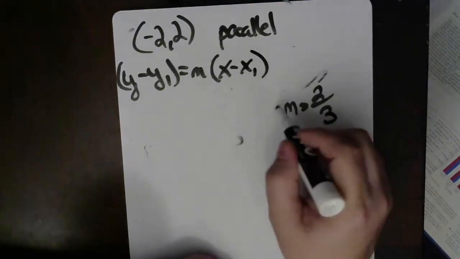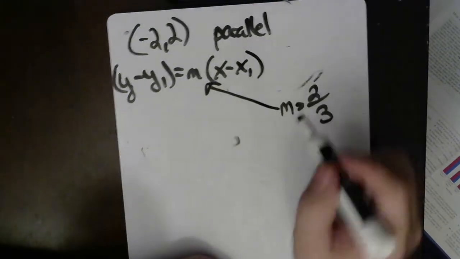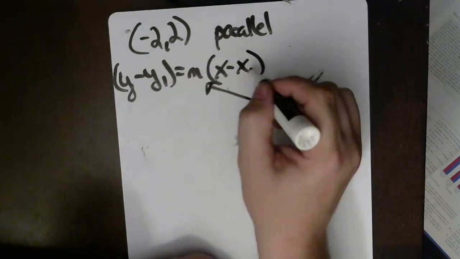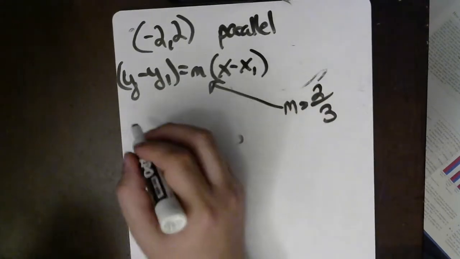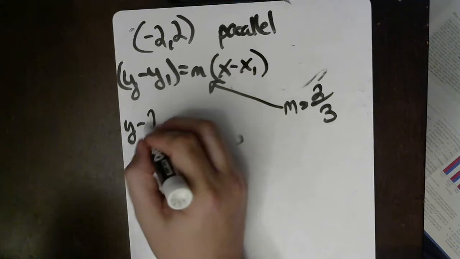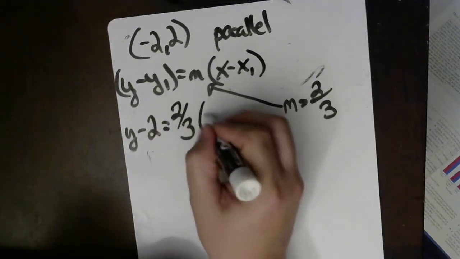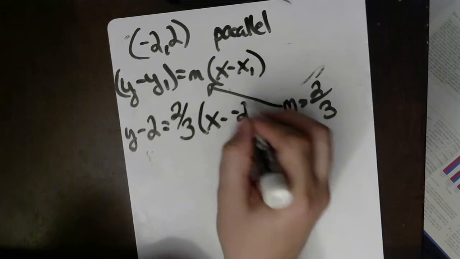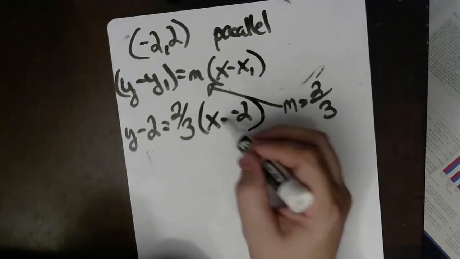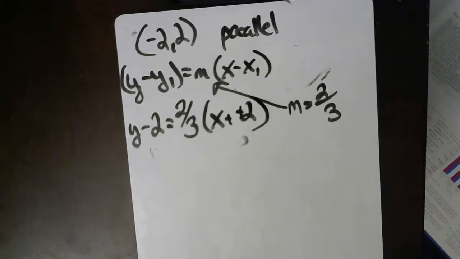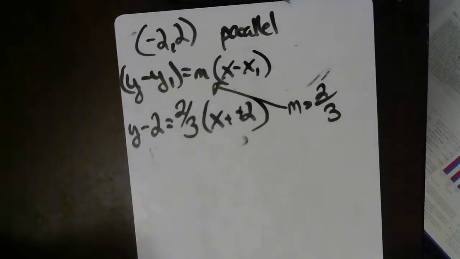Okay, so our m goes right there. Our negative 2 goes into x1, and our 2 goes into y1. So y minus 2 is equal to 2 over 3 times x minus a negative 2. Let's go ahead and change this to a plus a positive. Give you about 10 to 15 seconds. See if you can do our next step.